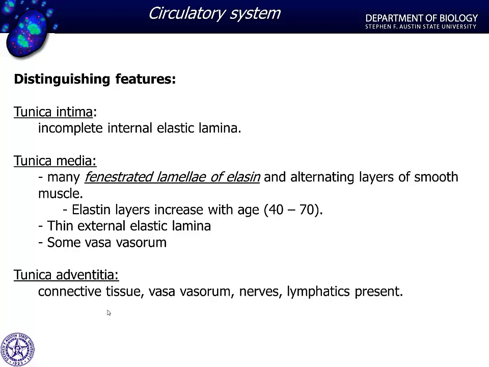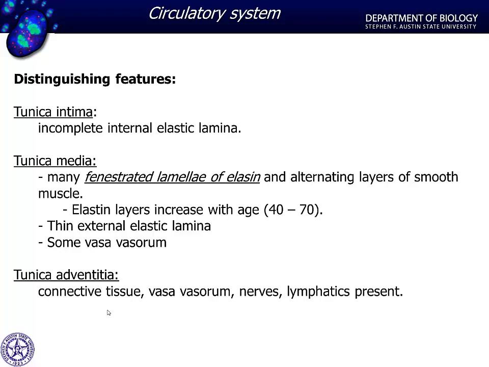So as we look at the three layers and how they differ, our tunica intima is going to be extremely fenestrated to the point that it is almost incomplete. So we're going to allow a tremendous amount of diffusion to happen here. As we look at the media, we are going to have alternating layers of smooth muscle and elastic sheets, and again, these are going to be fenestrated, and we may have as many as 40 to 70 of these alternating layers.